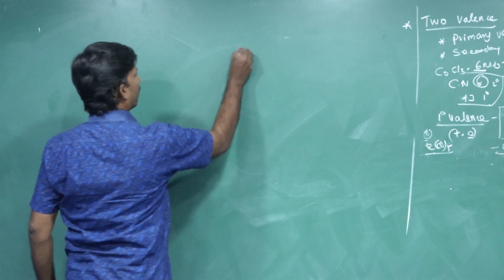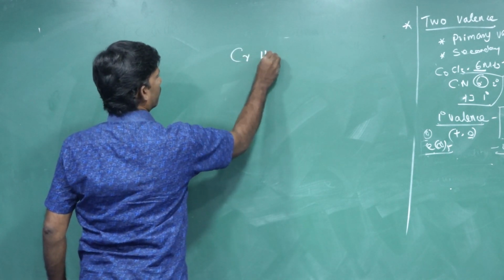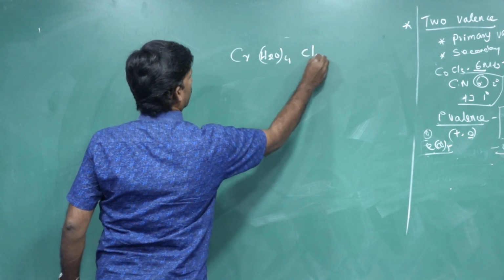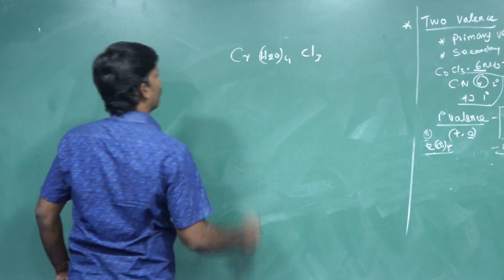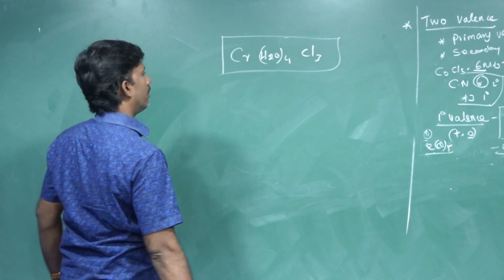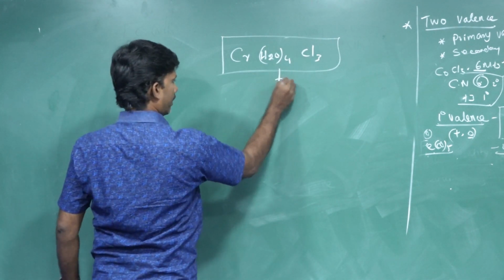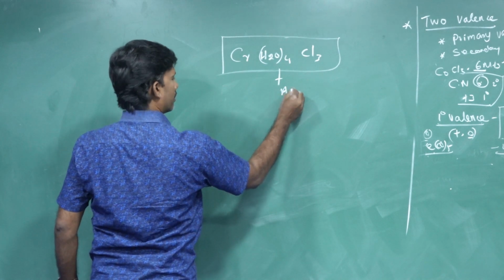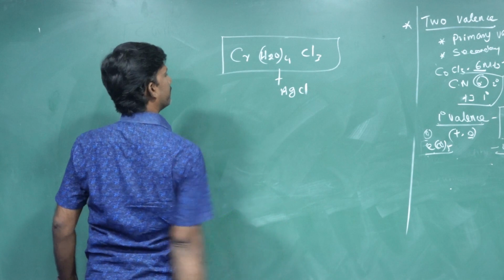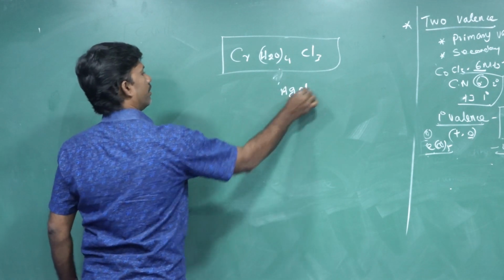There you have a chromium trichloride hydrate molecule. When treated with silver, it gives 1 mole of AgCl.